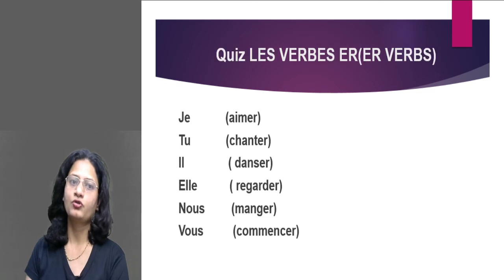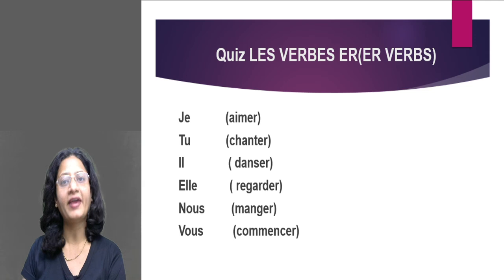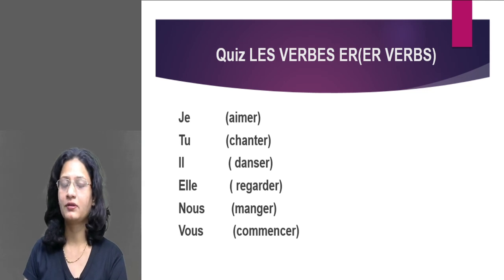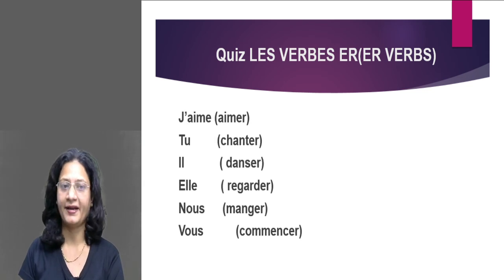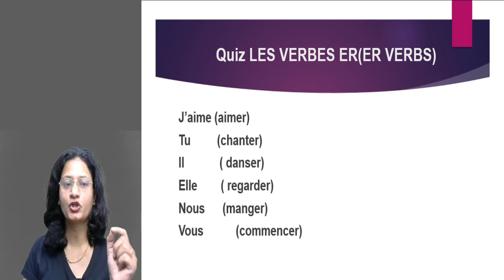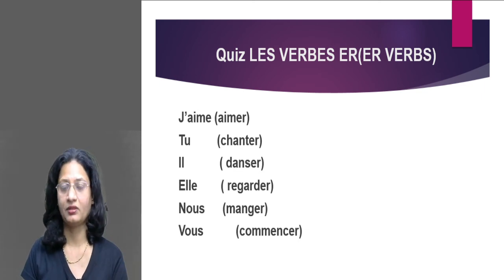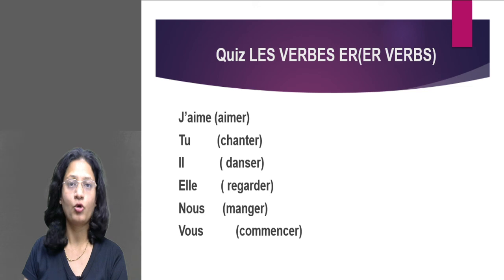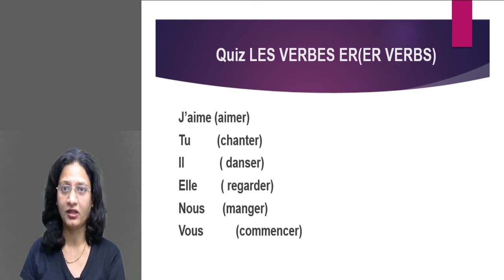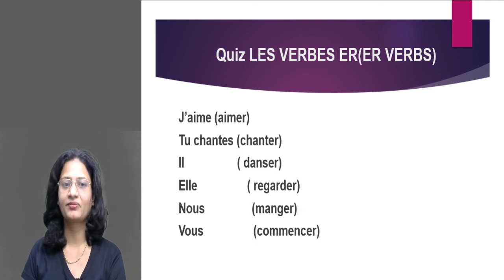Okay. So let's do the quiz. Tell me the conjugation of aimer for je. J'aime. Correct, because it starts with a vowel. So je apostrophe m, j'aime. Okay. Next, conjugation of chanter for tu: tu chantes. Correct.